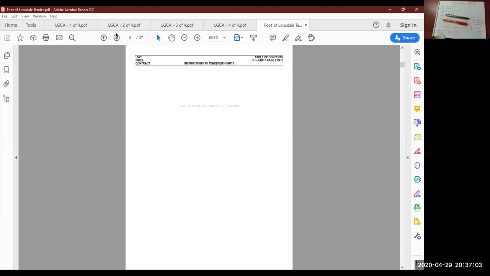Instructions. The other thing I should say as we're going through these 87 pages is that you should read every word in this tender document. Do not skip anything.